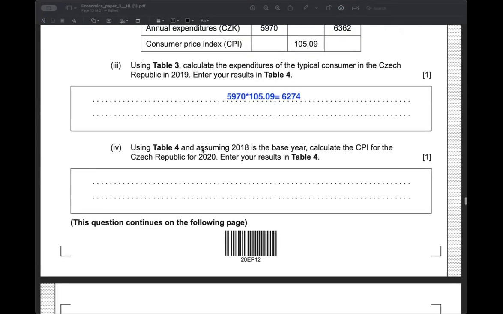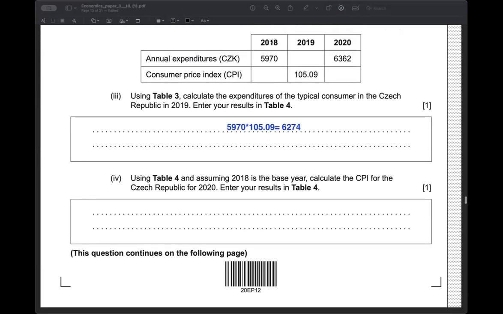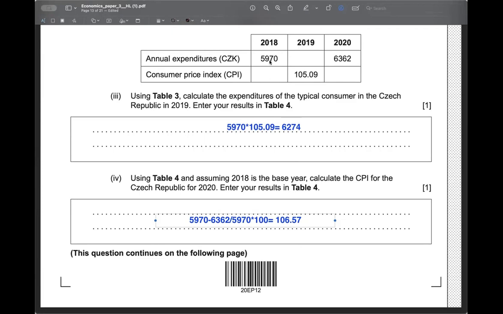Using table 4 and assuming 2018 as the base year, calculate the CPI for the Czech Republic for 2020. Enter your result in table 4. Take the base year expenditure and the 2020 expenditure; 2020 expenditure divided by base year expenditure gives you the CPI for 2020.